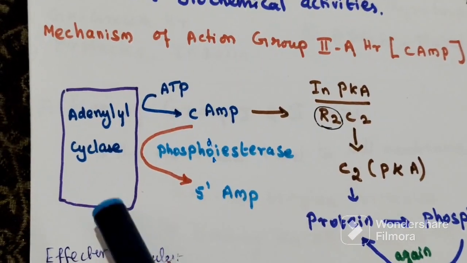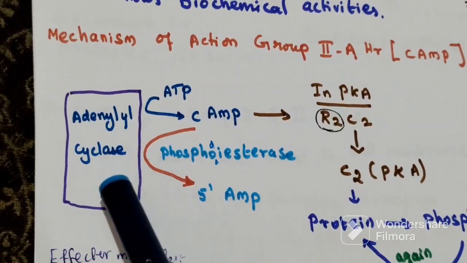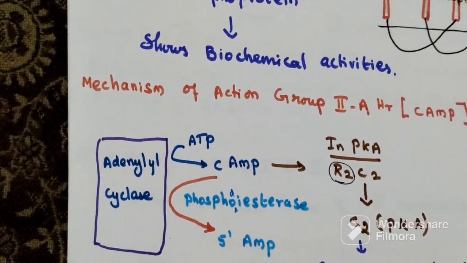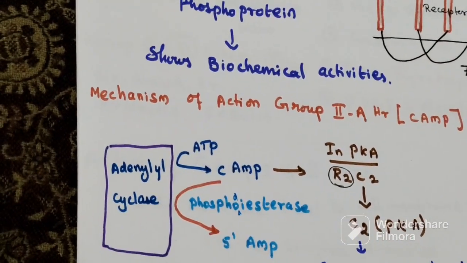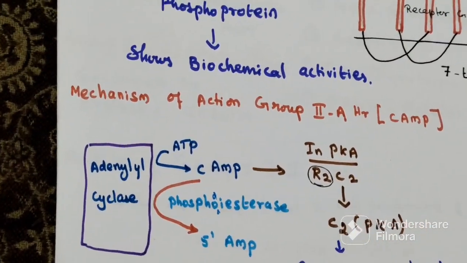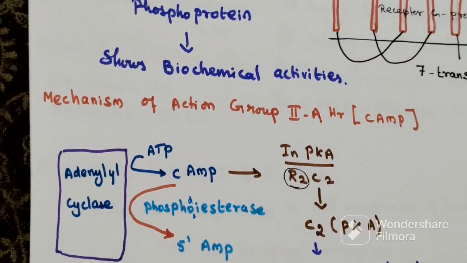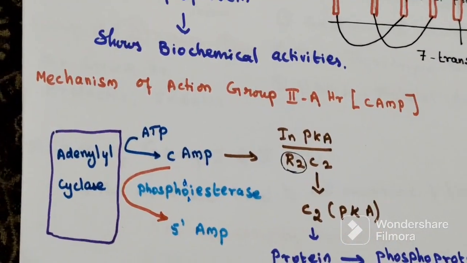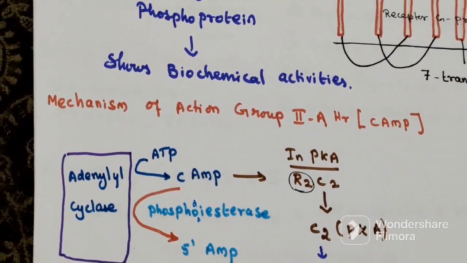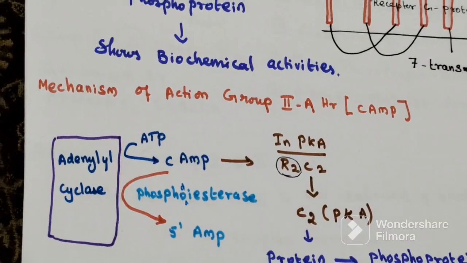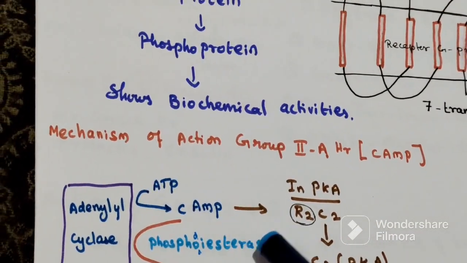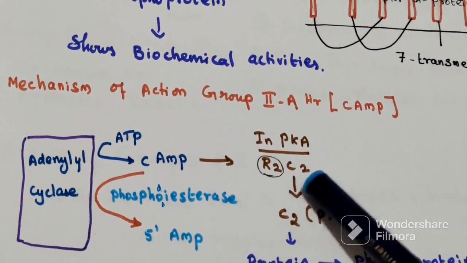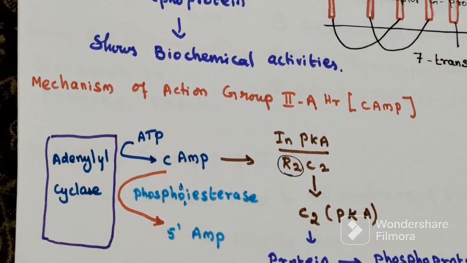So the plasma membrane has the enzyme adenylyl cyclase. Adenylyl cyclase is the effector activated by the G protein. This adenylyl cyclase causes conversion of adenosine triphosphate into cyclic adenosine monophosphate. This cAMP is converted into 5' AMP. This cAMP, the cyclic adenosine monophosphate, acts on protein kinase composed of an R2C2 unit.